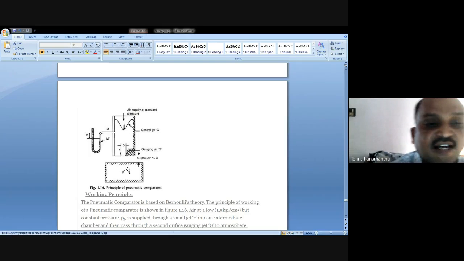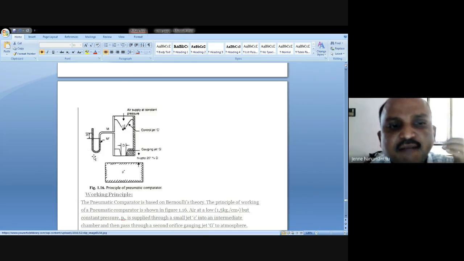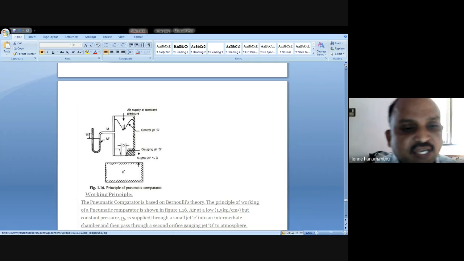Before that, see the construction of the pneumatic comparator. What is there? This is completely a container with three openings. Opening 1 has a U-tube manometer, having some pressure scale. The second opening is the air supply at constant pressure.